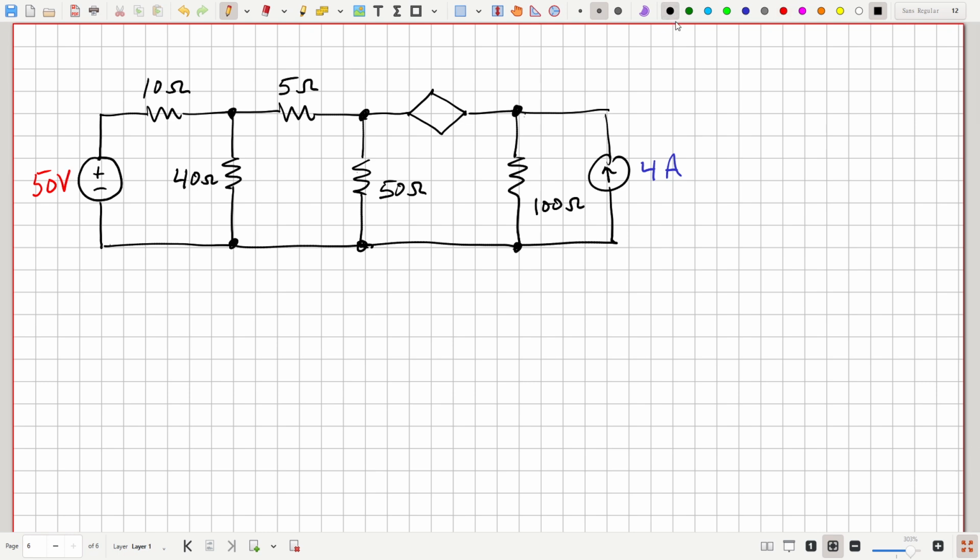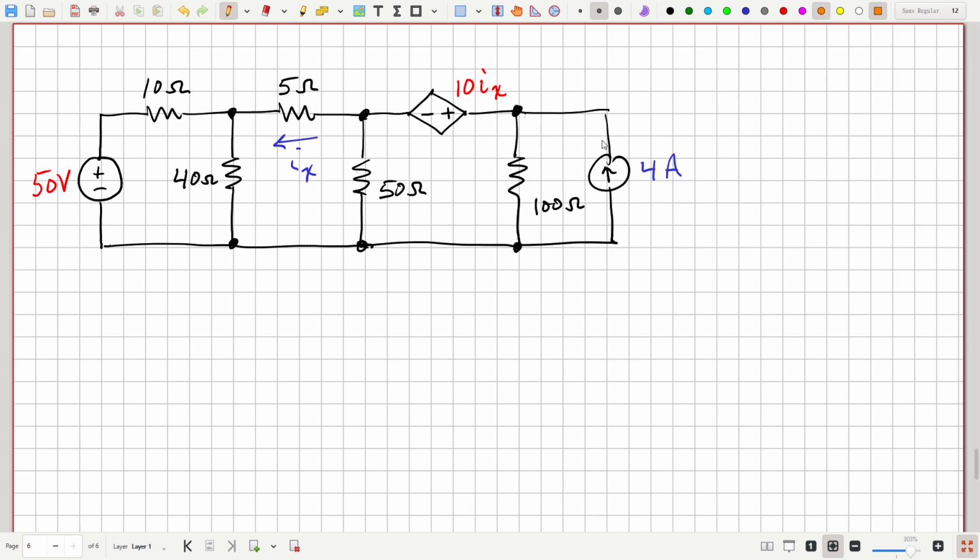And our dependent voltage source is 10 Ix, where Ix is that current right there. Okay, so let's solve this circuit.